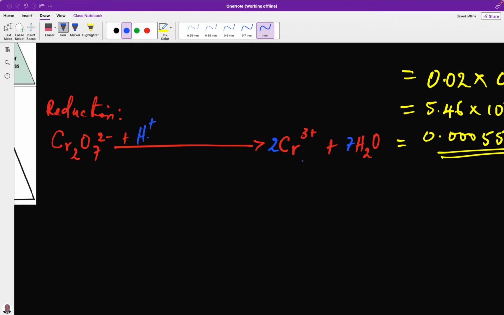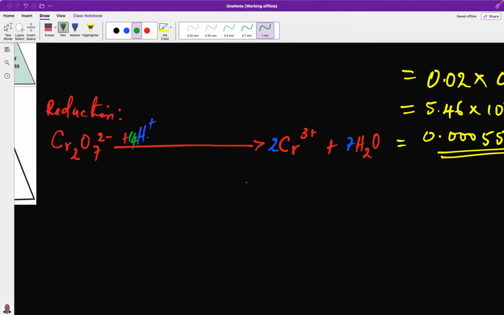There are 7 waters, 2 times 7, altogether 14 hydrogen, so we need to add 14 protons on the left. Now everything is okay with this.